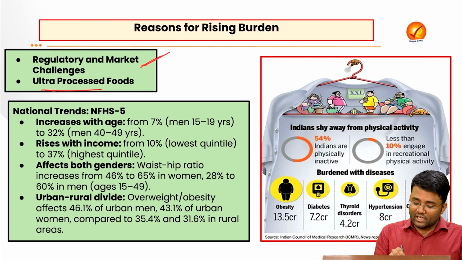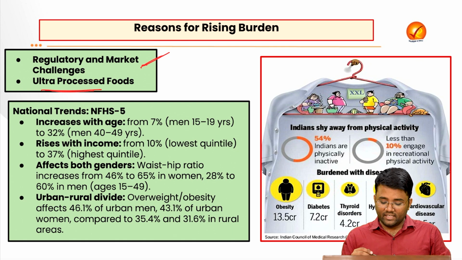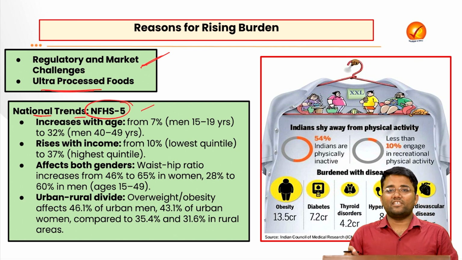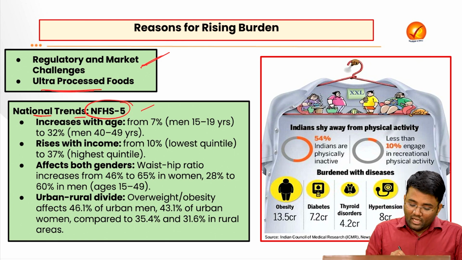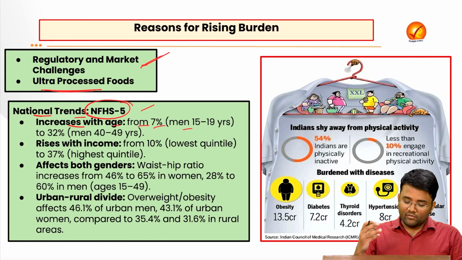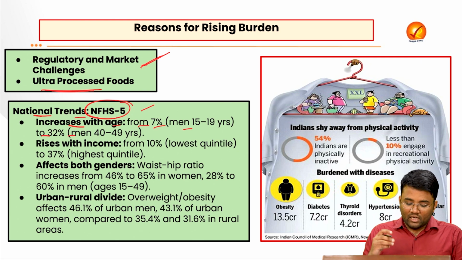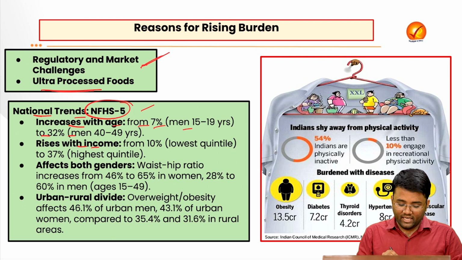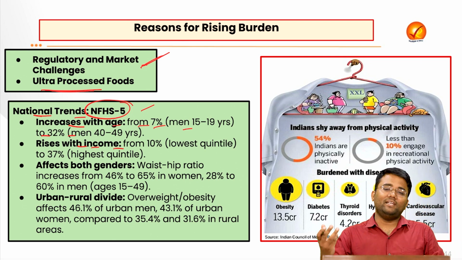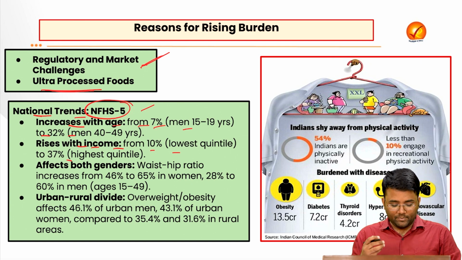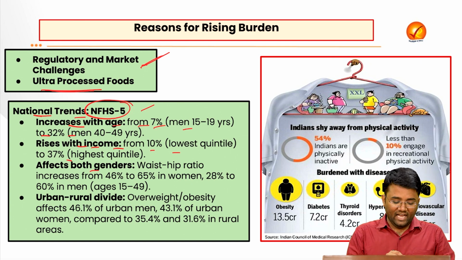Also, because of ultra processed food consumption, you can see the national trends highlighted in National Family Health Survey 5: consumption increases with age, from 7% in men 15 to 19 years to 32% in men 40 to 49 years, and rises with income, that is, the prevalence of non-communicable diseases, obesity and all these things from 10% to 37%. It affects both genders, and there is an urban-rural divide.